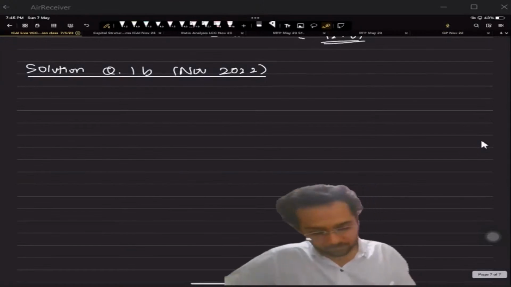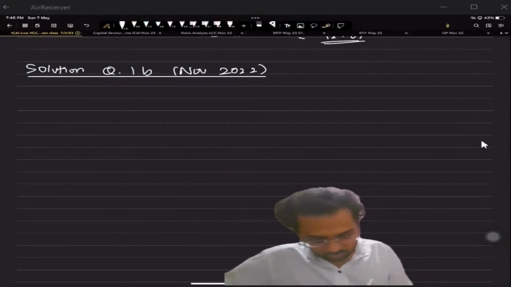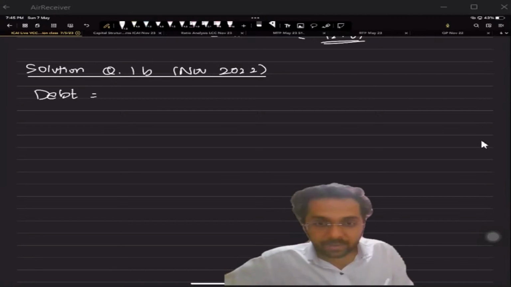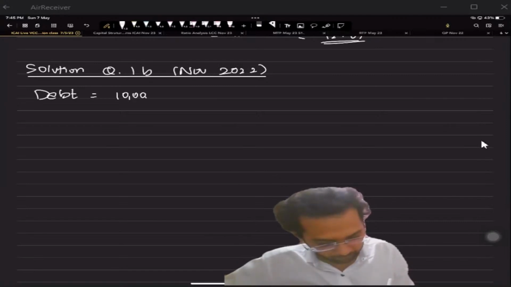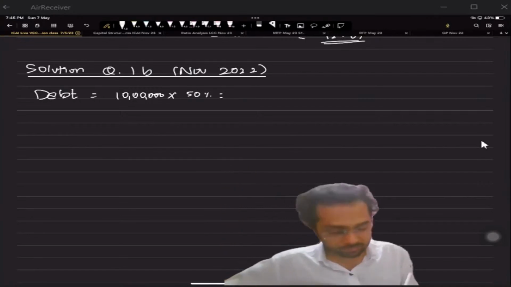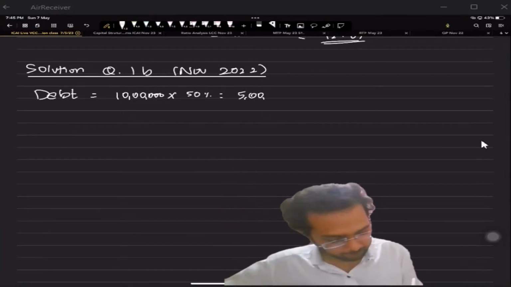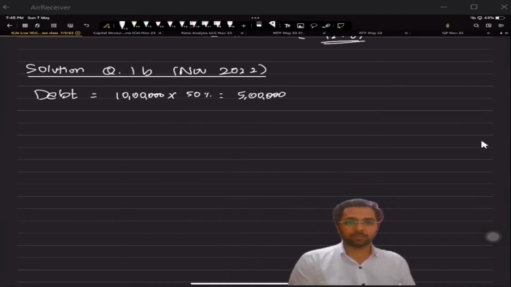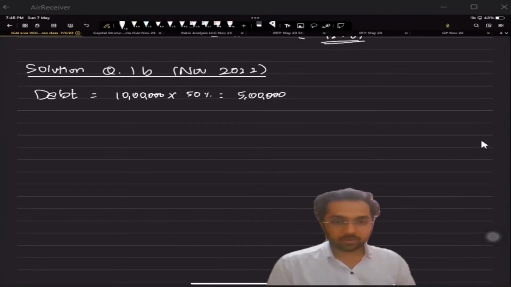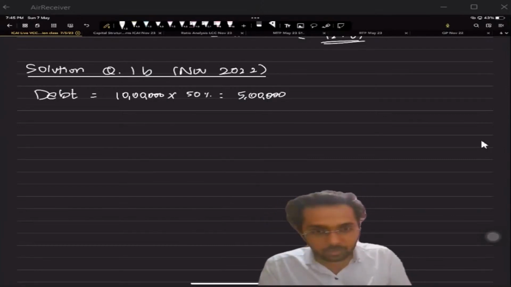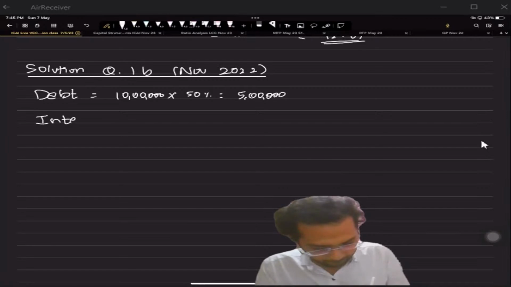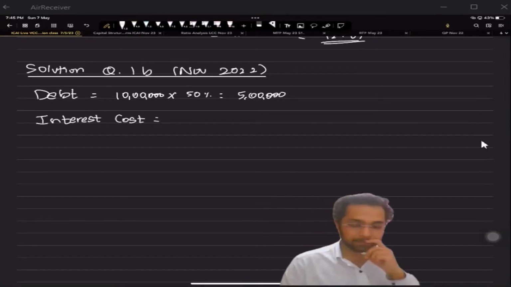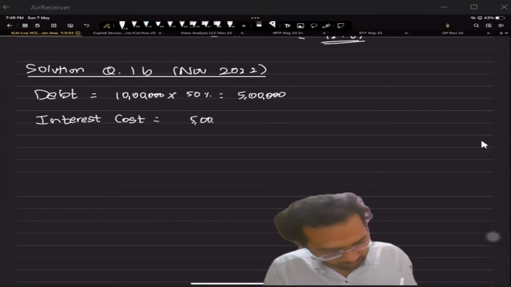Now, first of all, total assets was 10 lakh. So debt will be 10 lakh into 50%, which is 5 lakh. Then interest cost will obviously be on this 5 lakh portion.